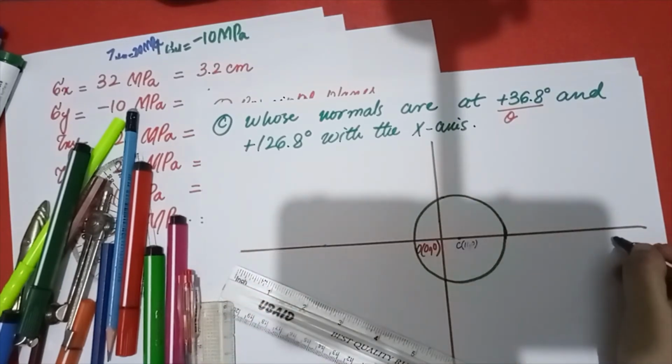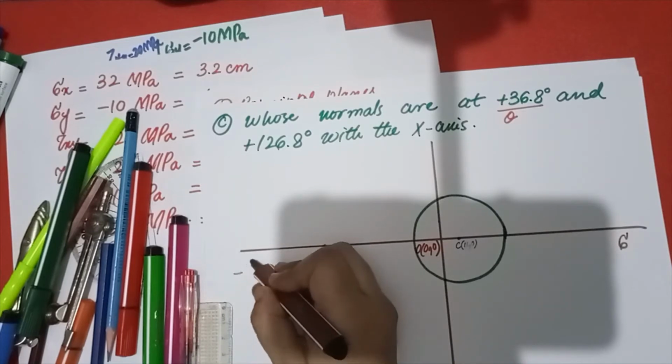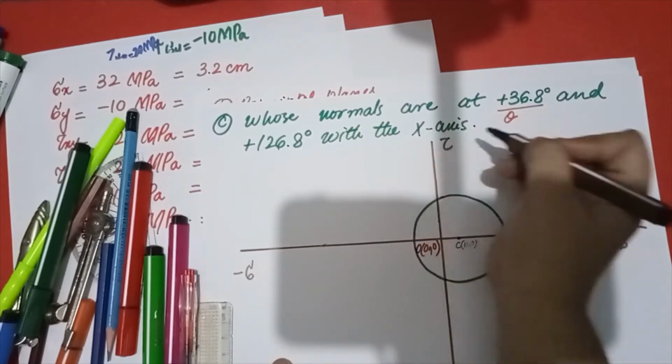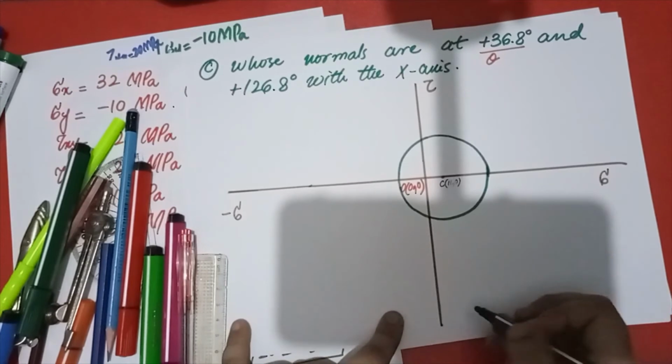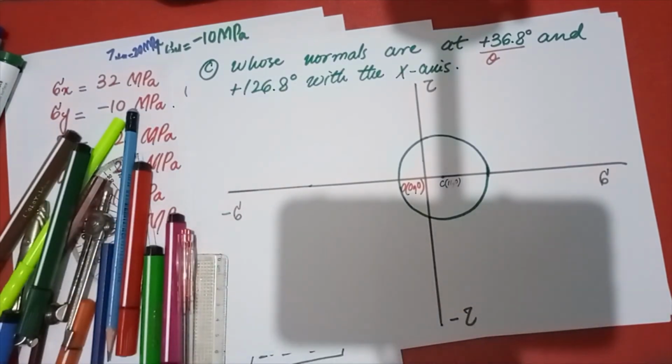Now you can see this is normal stress, this is negative, this is tau positive, and this is negative tau.